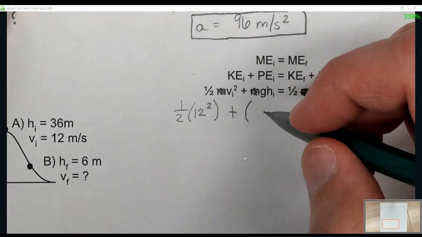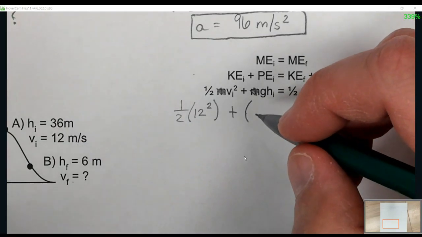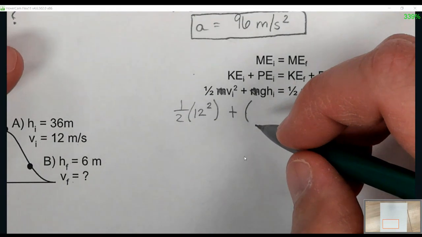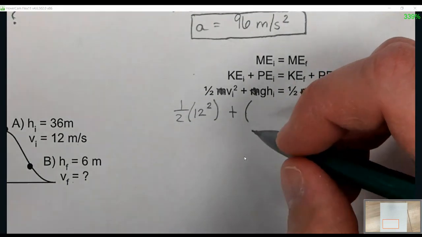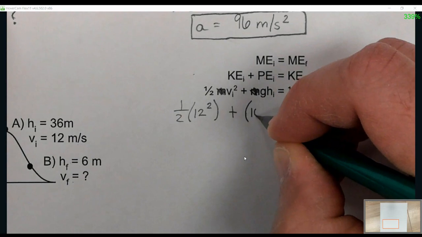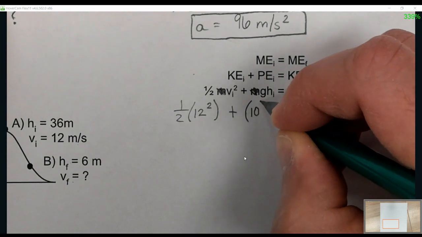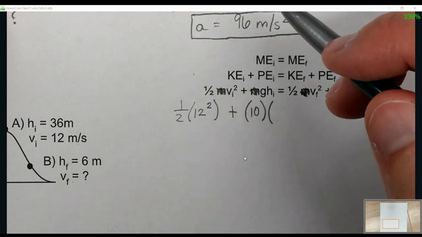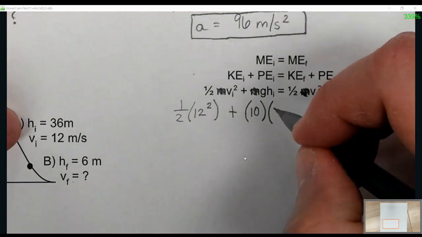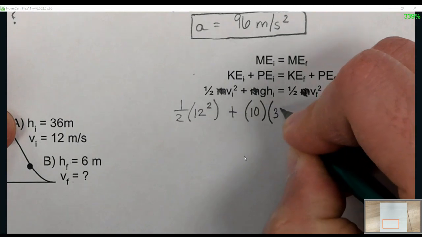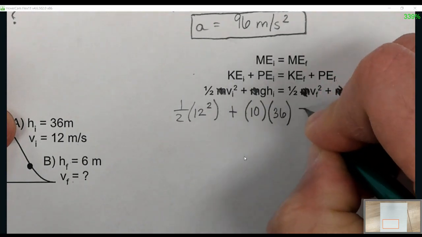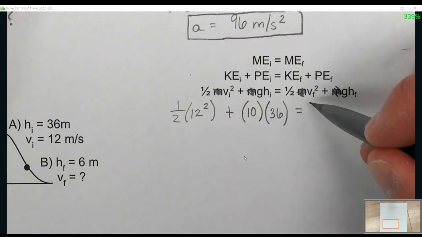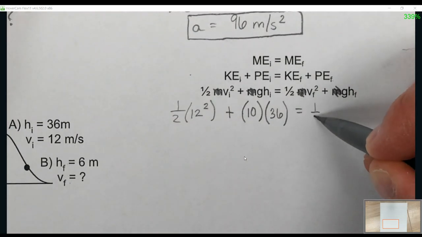Gravity for these problems: the true value is 9.8, but the number that we've been using for gravity is 10. It just makes the calculations a little easier. So 10 times the initial height here of 36 equals 1/2 VF squared. We don't know what that is.